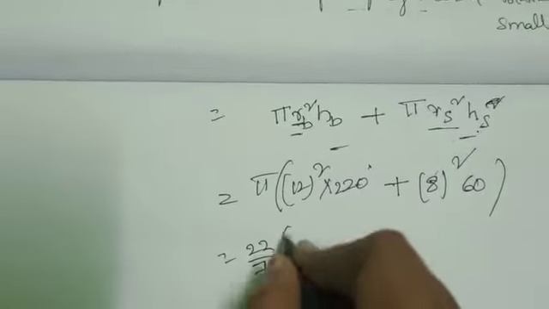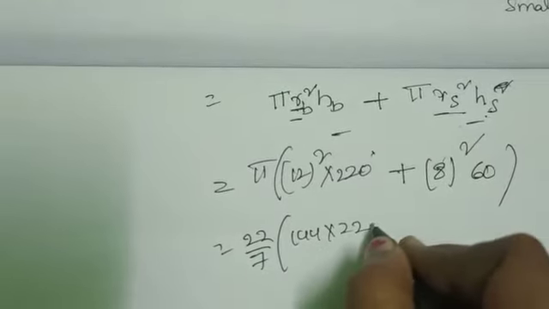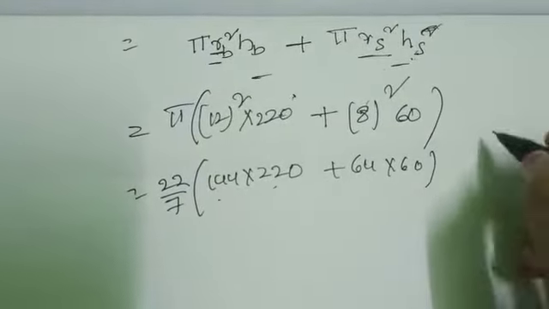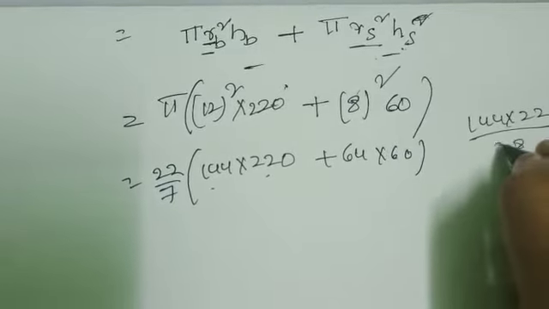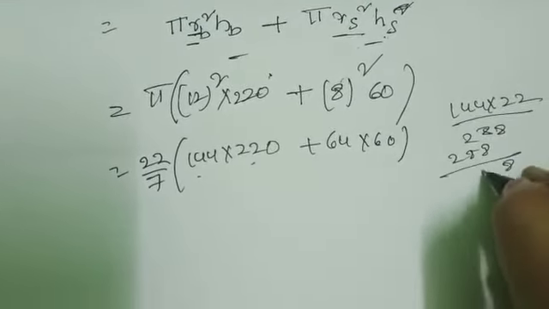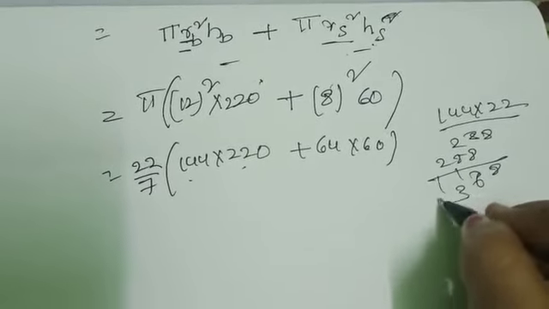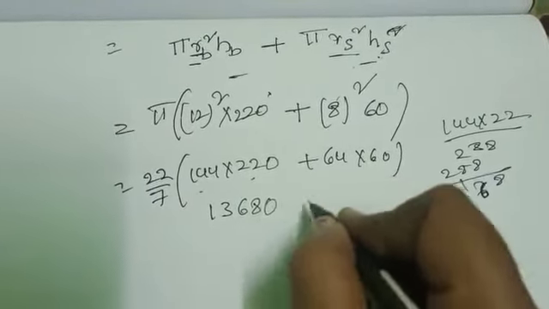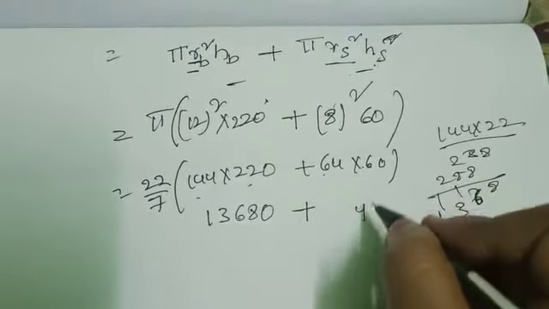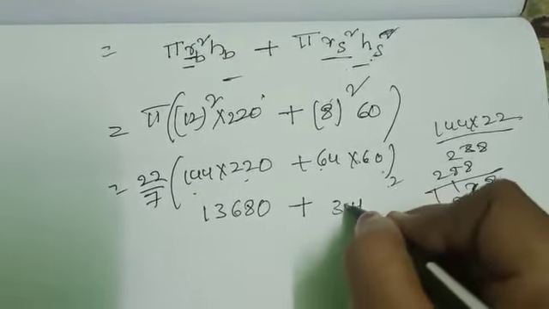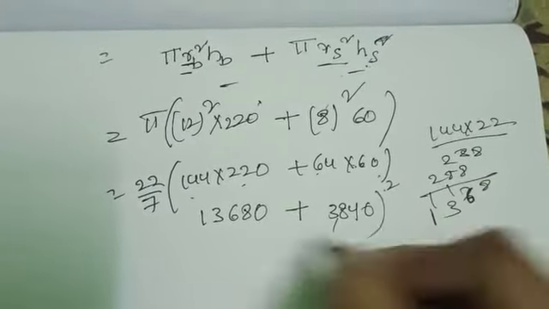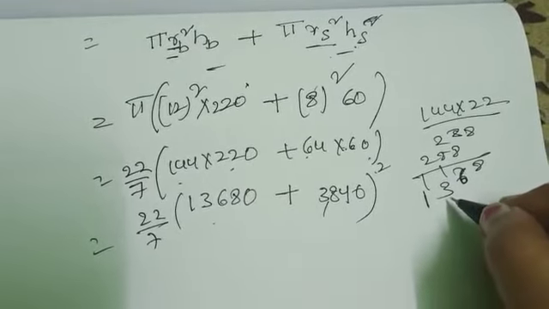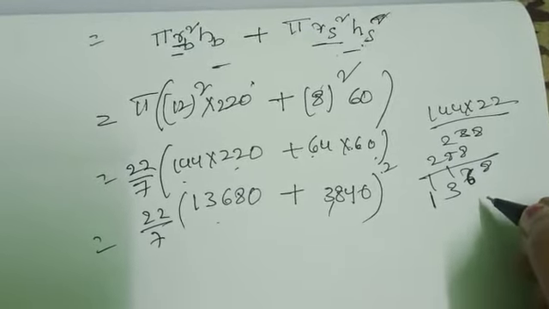Pi value 22 by 7. 12 square is 144 into 220 plus 8 square is 64 into 60. 144 into 220 is 31,680, plus 64 into 60 is 3,840.